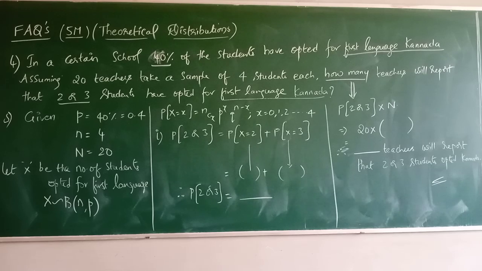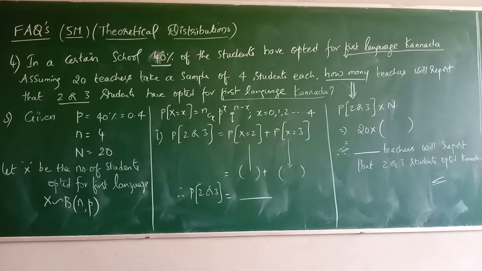How many teachers will report that 2 or 3 students have opted for first language Kannada? This is the question asked. Now, anywhere they did not mention so and so distribution this problem belongs to, right? And what to be calculated. They have asked us, in a school 40% students have opted first language Kannada, it seems.